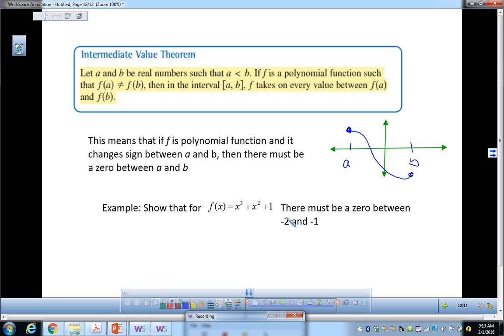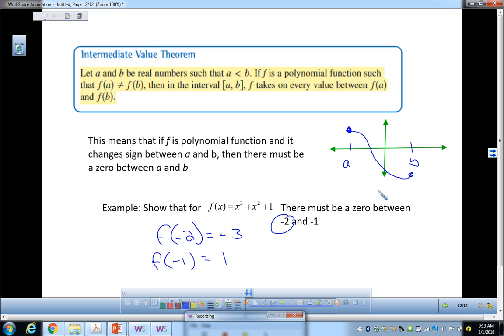For instance, between negative 2 and negative 1 in this function, if I take negative 2 and plug it in here, f of negative 2 is negative 8 plus 4 plus 1, I think that makes negative 3. And f of negative 1 is negative 1 plus 1 plus 1, which gives me out 1.